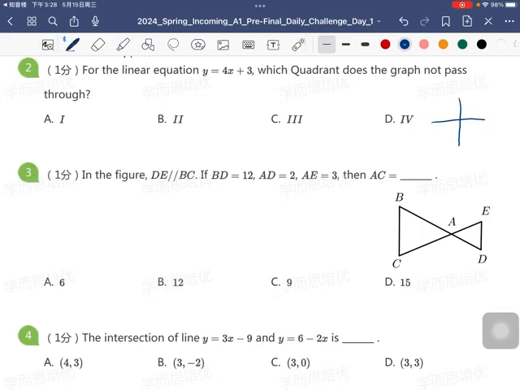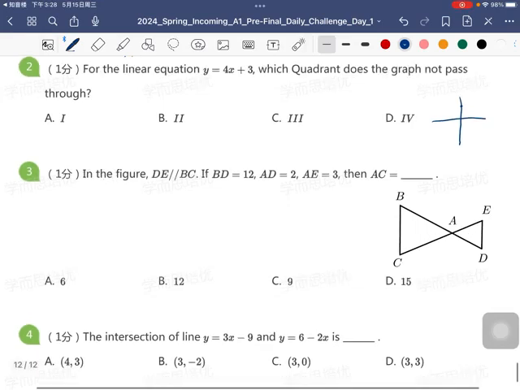And this is plus 3, so the y-intercept is going to be somewhere above the origin. Now if you have a line going through this point and going up, this is approximately how this line would look. And obviously, which quadrant did it not pass through? The fourth quadrant. Excellent.